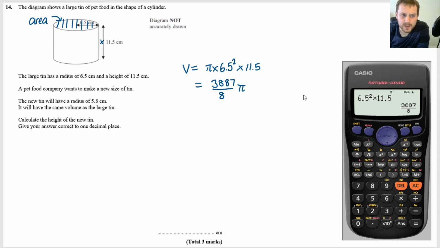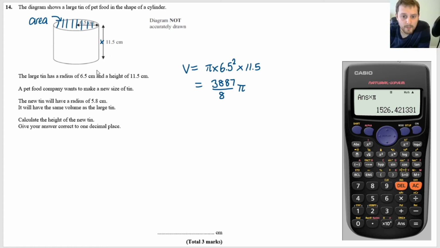Of course, you can get this as a decimal as well if you really want. So if I times that by pi and press the SD button, okay, so the volume is like 1526.4 centimeters cubed. But I tell you what, it's just easier to leave it like this in terms of pi.